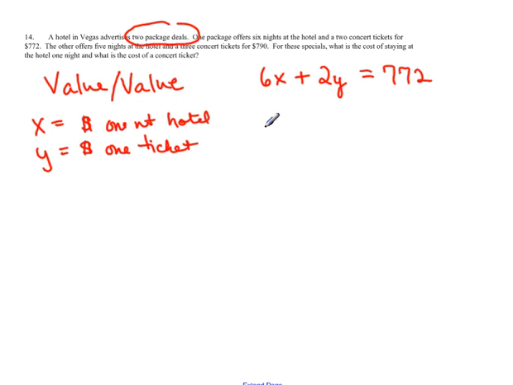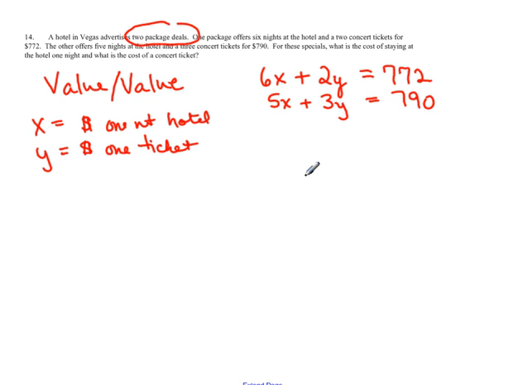Okay, now we're going to look at package 2, the second value equation. The other package offers 5 nights, that would be 5x, plus 3 concert tickets, that would be 3y, and the total for package 2 is $790.